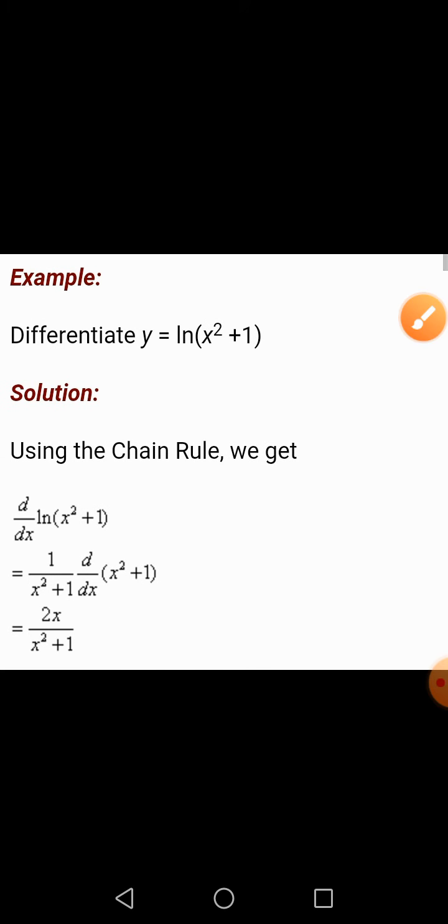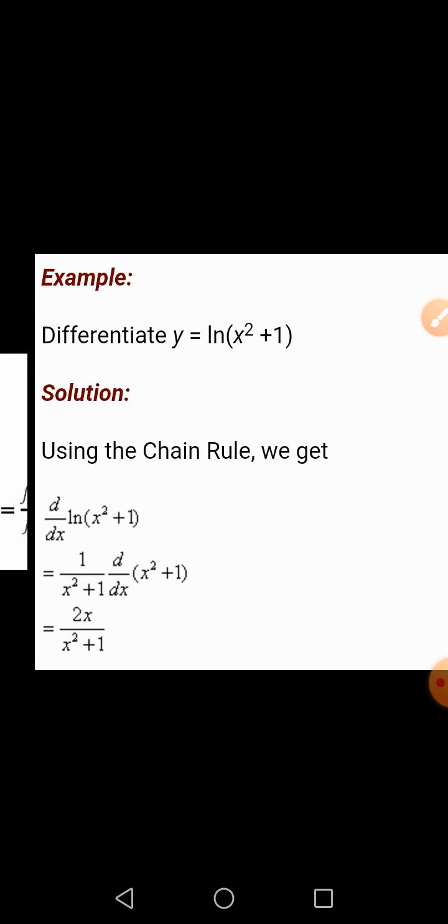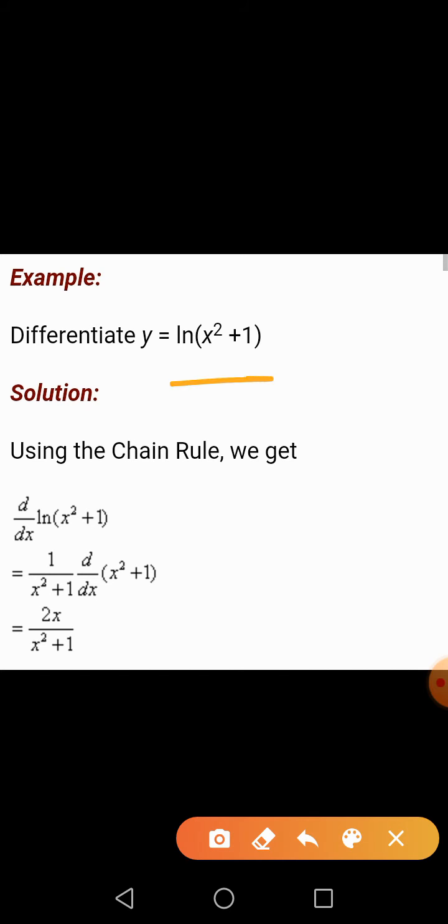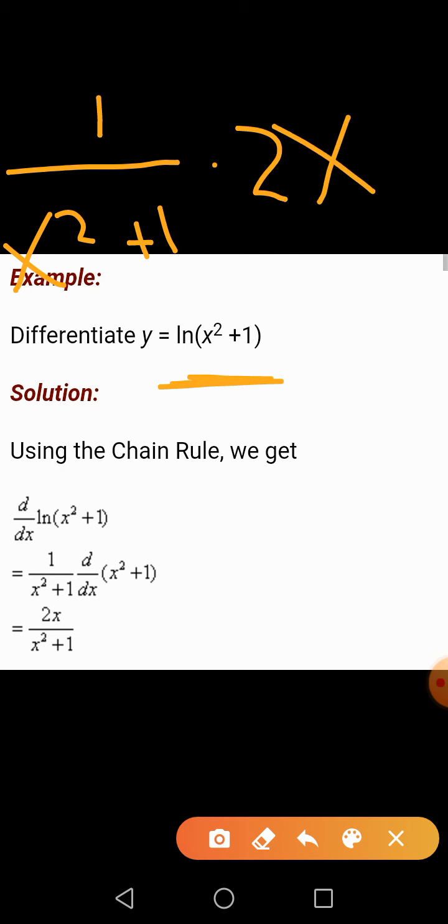Coming to the second question here, it's so easy too. It will be 1 over x squared plus 1 multiplied by the derivative of this function. Here, the rule for ln is 1 over x squared plus 1 multiplied by the derivative of x squared plus 1, which is 2x. So it will be 2x over x squared plus 1.